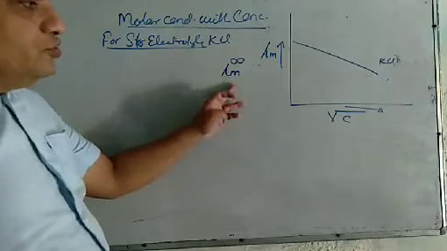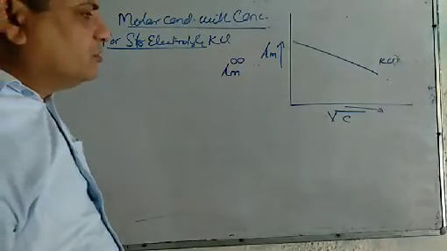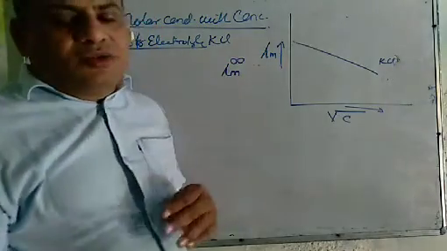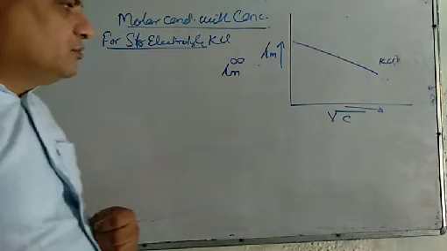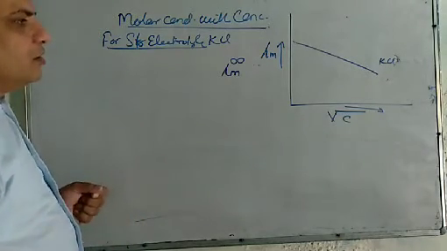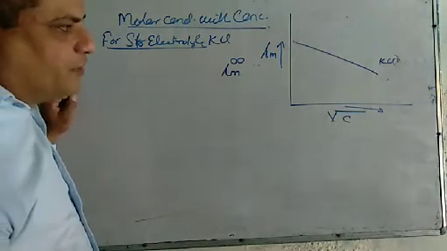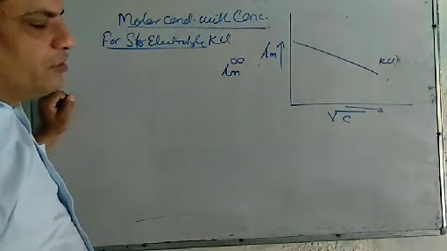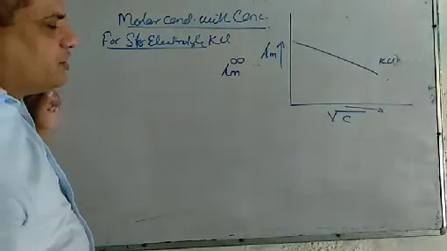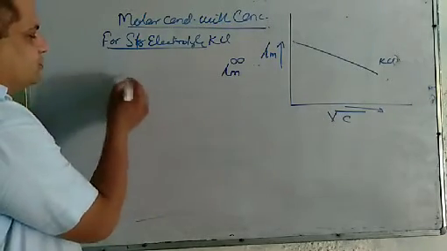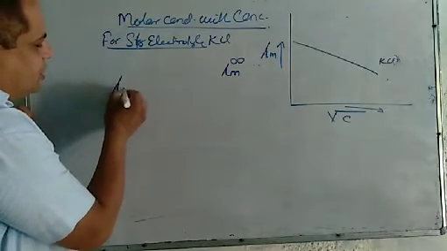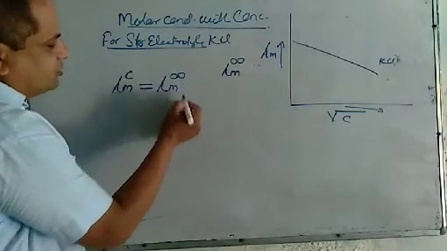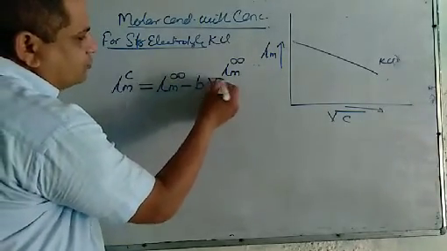To establish a relation between limiting molar conductivity and molar conductivity at a particular concentration, to describe the effect of concentration on molar conductivity of an electrolyte, Debye, Huckel and Onsager gave an equation which is written as lambda m c equal to lambda m infinity minus b root c.